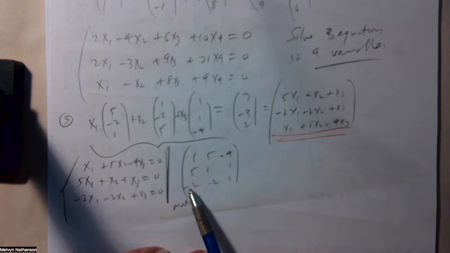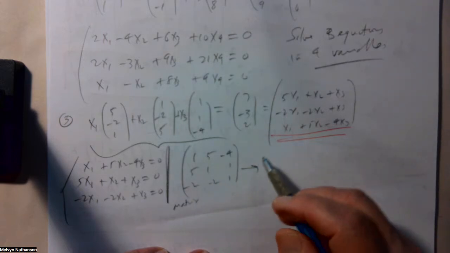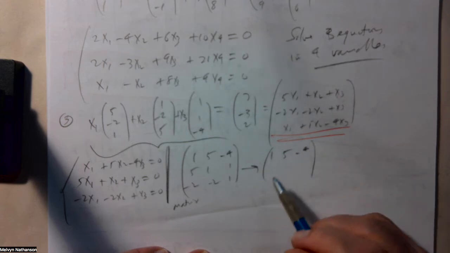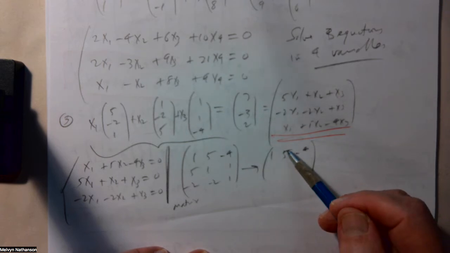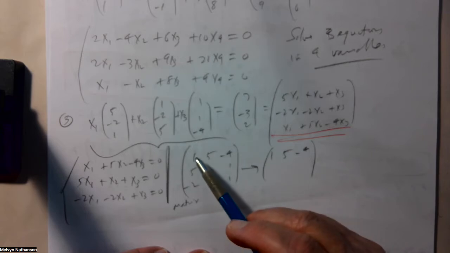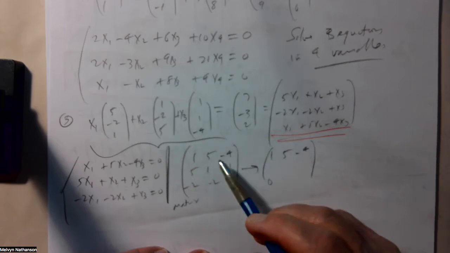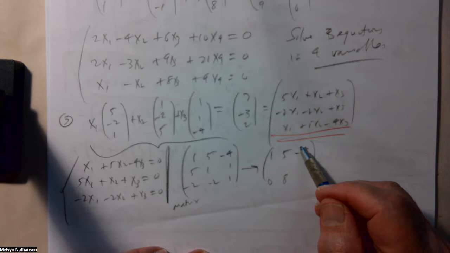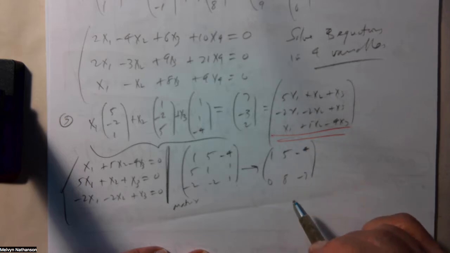The rows are 5, 1, 1; minus 2, minus 2, 1; 1, 5, minus 4. So I can keep the first row fixed. If I add 2 times the first row to the third row, I get 2 minus 2 is 0. 10 minus 2 is 8. Minus 8 plus 1 is minus 7.